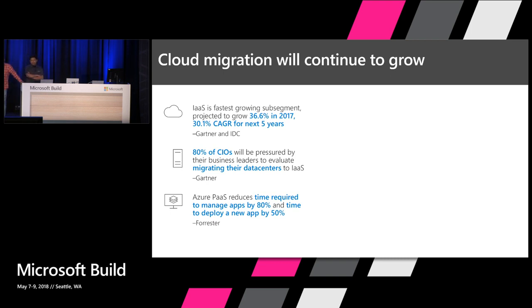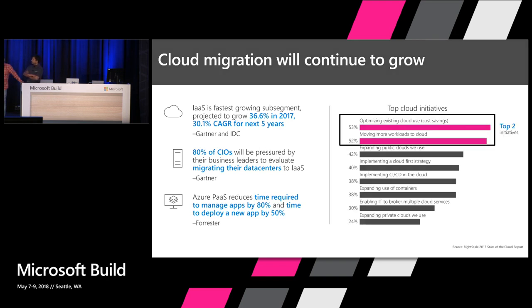And if you look at the PaaS environment, platform as a service, there is expected to be a significant reduction in managing your applications as well as deploying new applications. The top initiatives for migrating to the cloud are that customers want to adapt to the cloud to reduce both operational cost and capital investments.